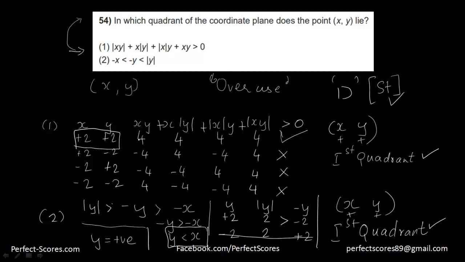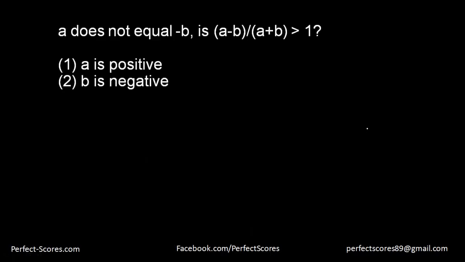I looked at all different possibilities of x and y, which made me conclude that the only way this can be true is both numbers being positive, right? And similarly over here, the binary table, the column method helped me to make sure that y is only positive and x is also positive, hence they lie in the first quadrant, right? So suppose everyone has understood this question, let's move forward.